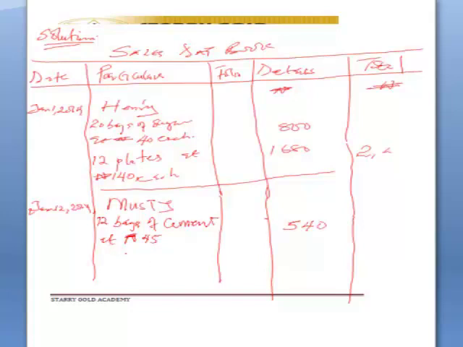And here we have 5 packets of tea at 15 naira. So 15 times 5, and that is 75. If you total this, our total here is 615.